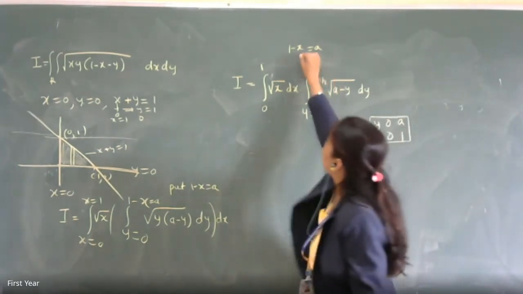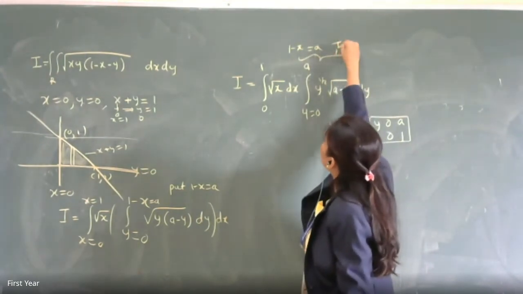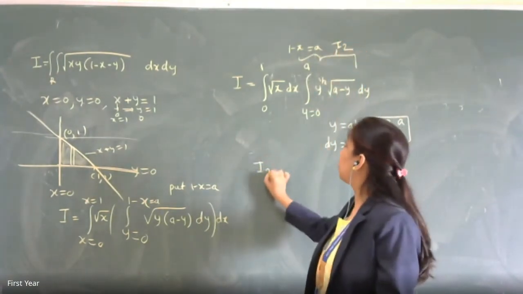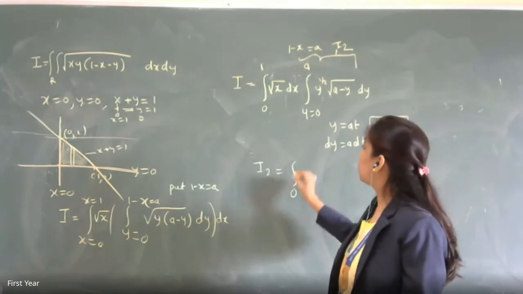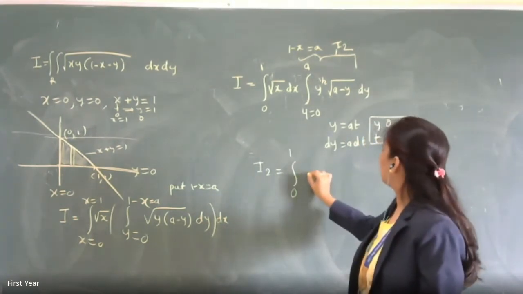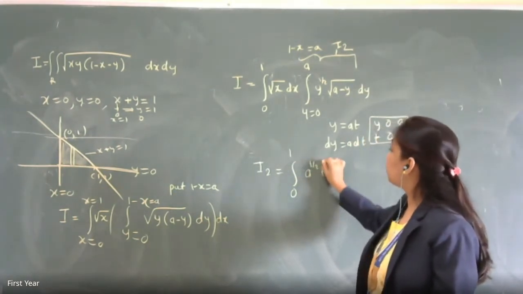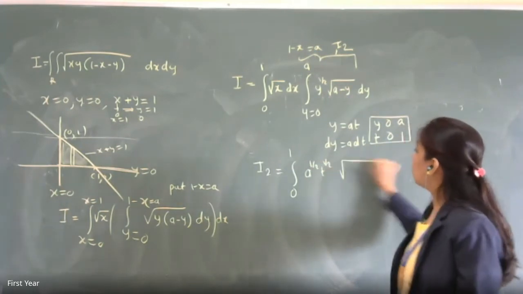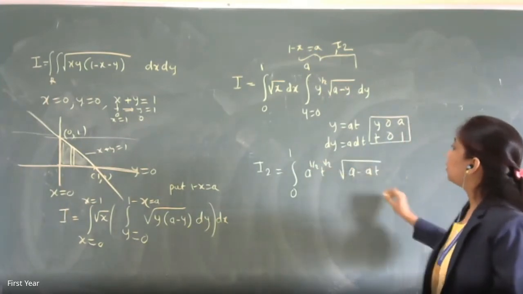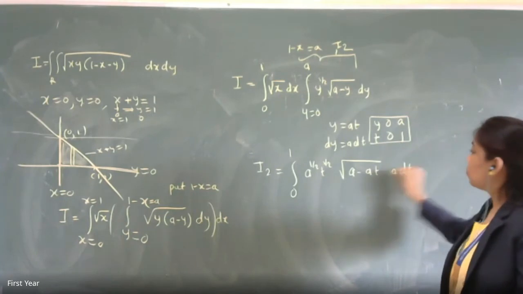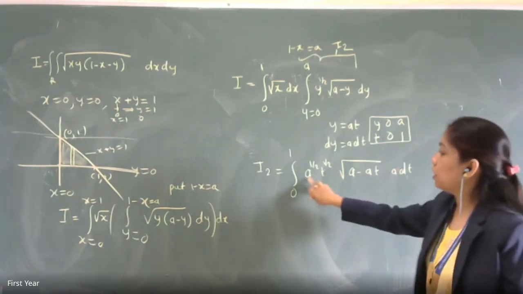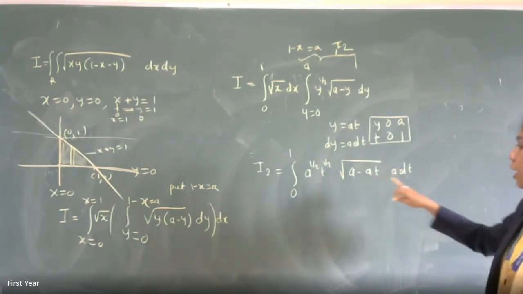Therefore this integration, if I call it I2, will be equal to integration 0 to 1, a raised to half, t raised to half, root of a minus at, and a dt. So root a will come in common: root a here and a, so a to the power 3 by 2, which becomes a square.